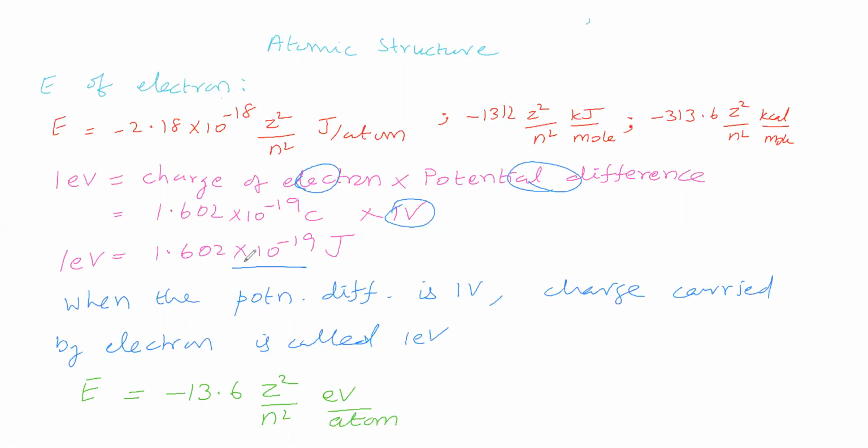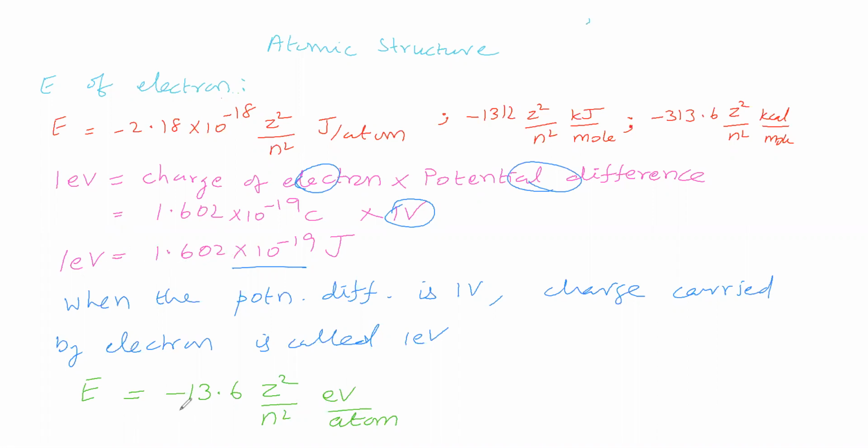Okay, so this relation we are substituting into this place. We are getting energy is equal to minus 13.6 Z square by N square electron volt per atom.